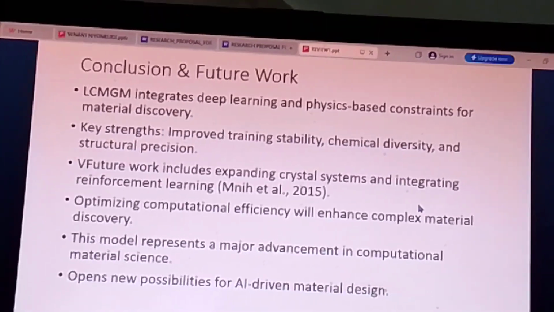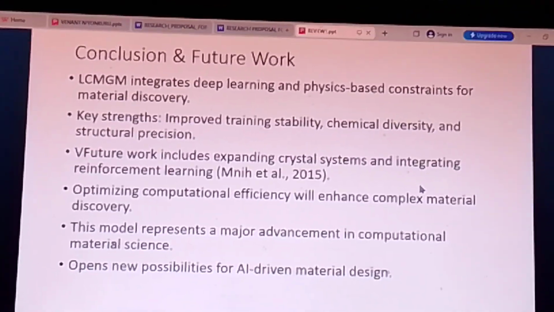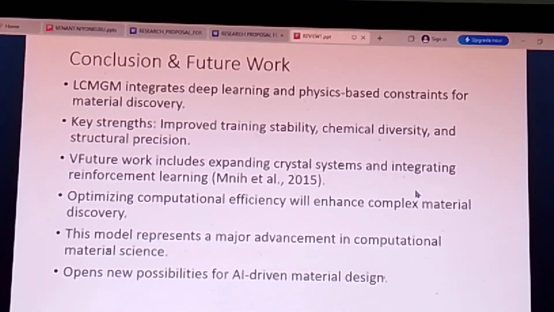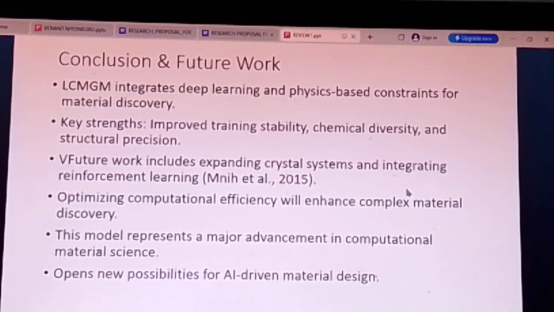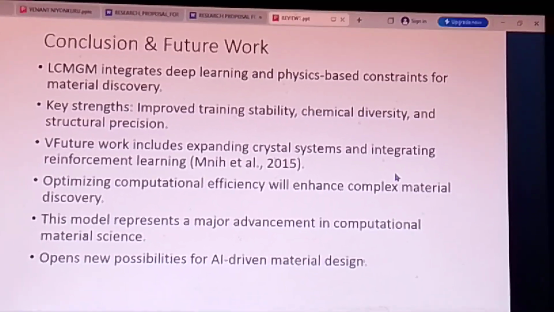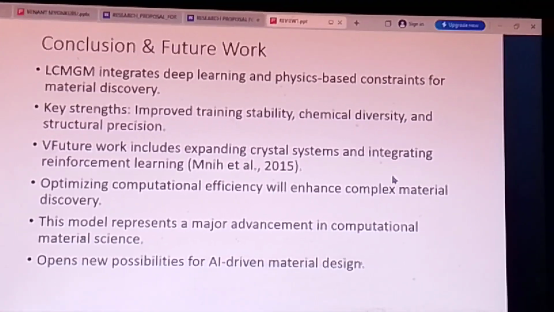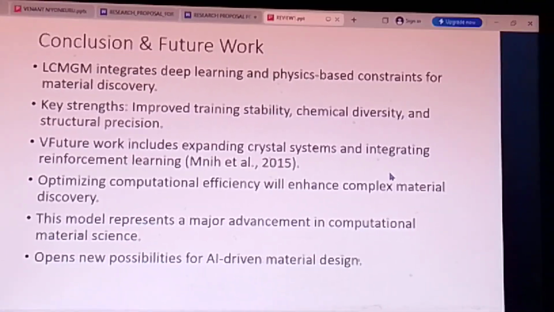Conclusion and future work. LCMGM integrates deep learning and physics-based constraints for material discovery. Its key strength is improved training stability, chemical diversity, and structural precision.